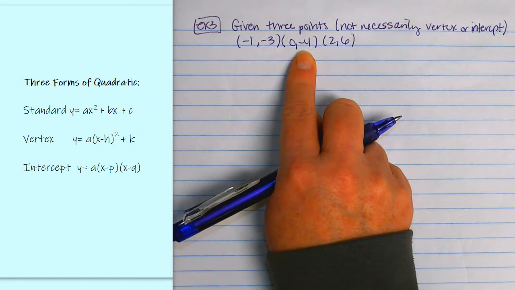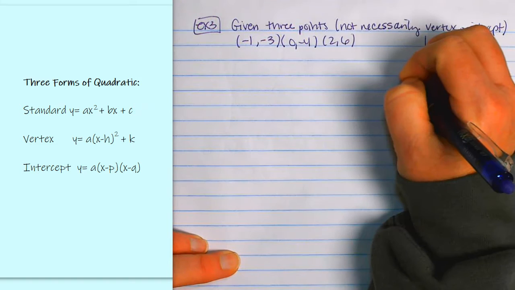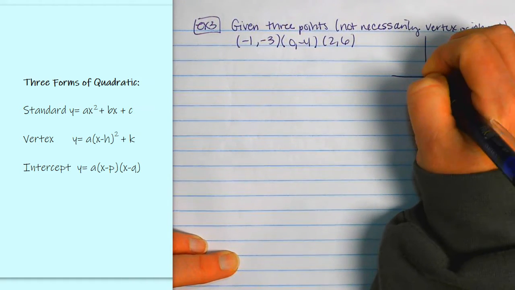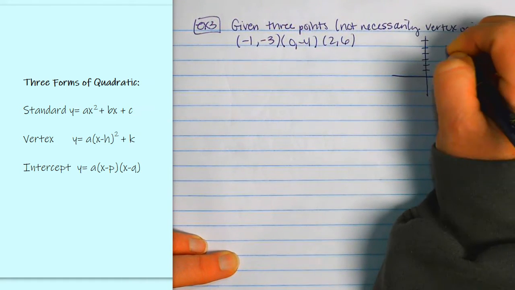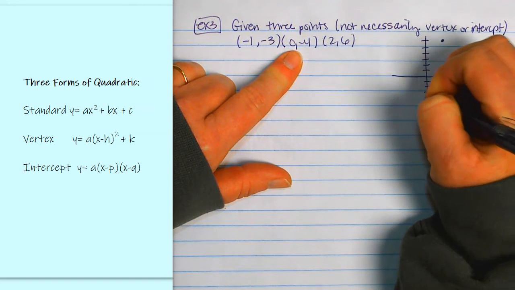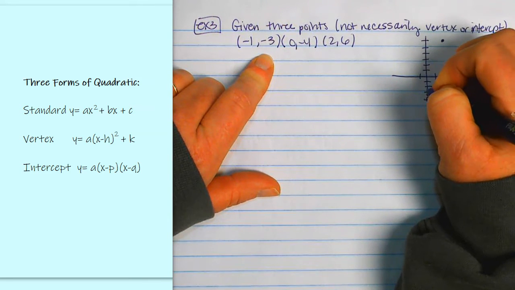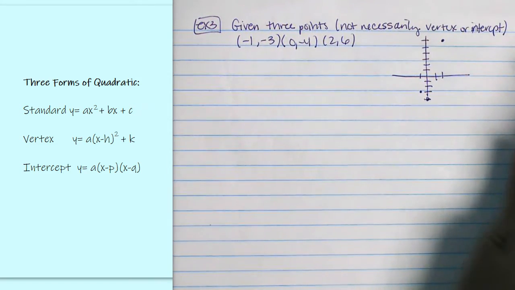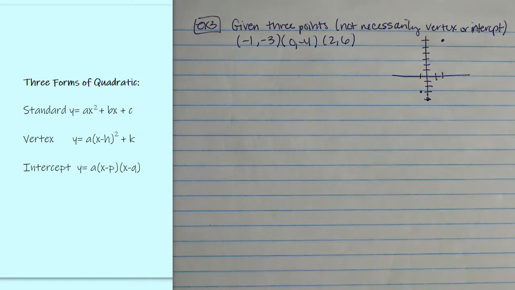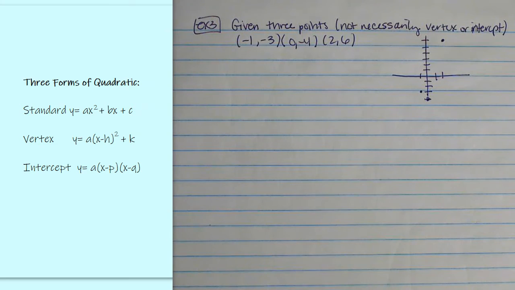So actually, let's look at it just to see what it looks like. 2, 6, that's a point. 0, negative 4, and negative 1, negative 3. Okay, so I have a fair idea. It's going to go up and down like so, but I don't know exactly what the equation is.